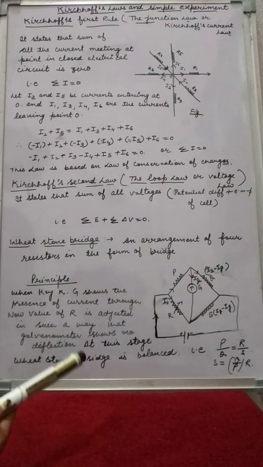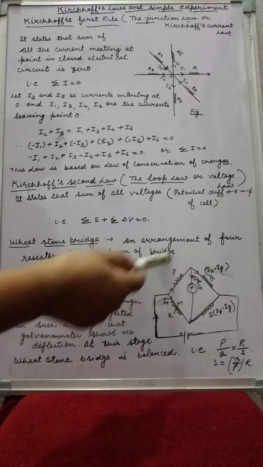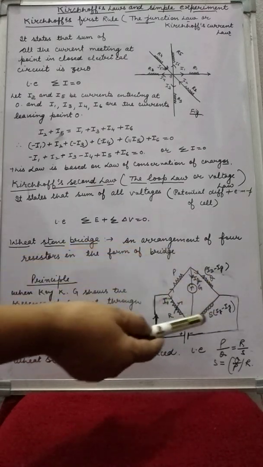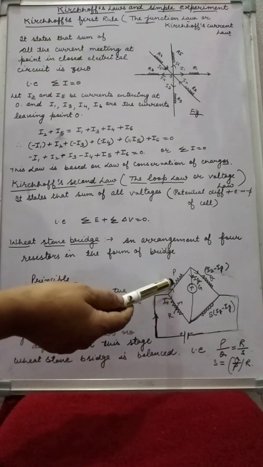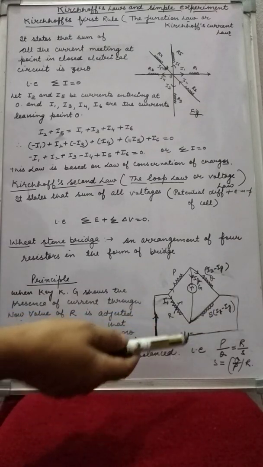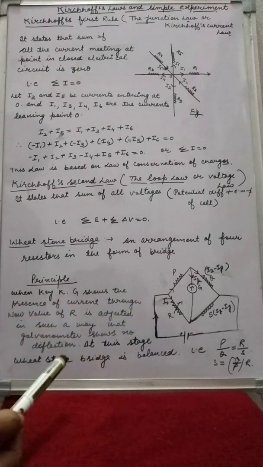Now what is the function, the principle, the use of this bridge? In this Wheatstone bridge, we have considered 4 resistors P, Q, R and S, meaning it has 4 arms P, Q, R and S.